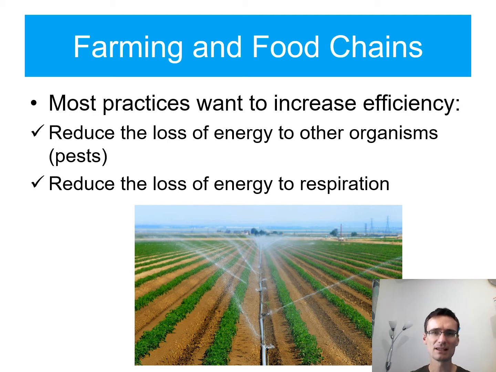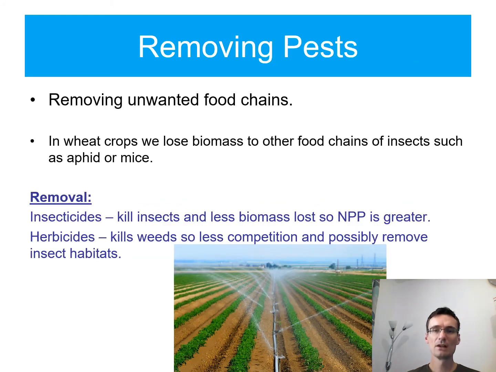And we also want to, particularly for living animals, stop any loss of energy due to respiration. So what do we do? Well, we have a look at this. So how do we remove pests then, which are forming different extra food chains which we don't want? Well, in wheat as an example, they've got two main pests, and that is aphids, which are tiny insects, and mice, which are obviously rodents.